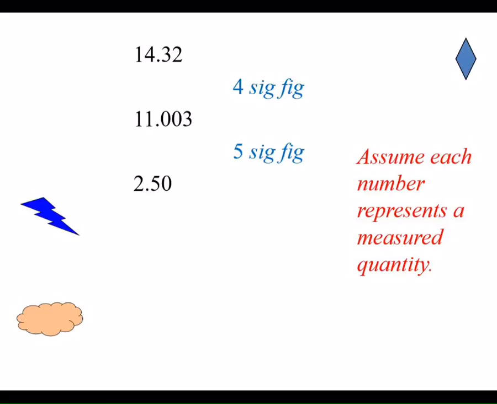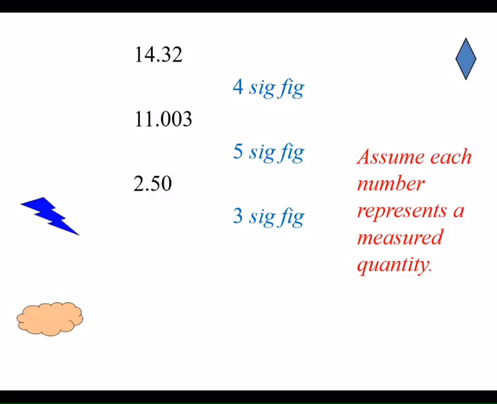In this case, I'm going to put a check mark over the 2 and the 5 because they're not 0. And then this 0 is a trailing 0 after the decimal, so that is also significant. Again, somebody's telling us that the measuring device is plus or minus 0.01 is how I think of it. So we have, what, 3 sig figs there?